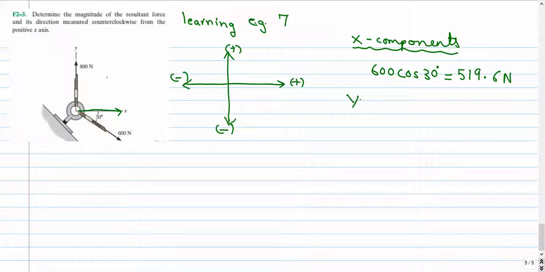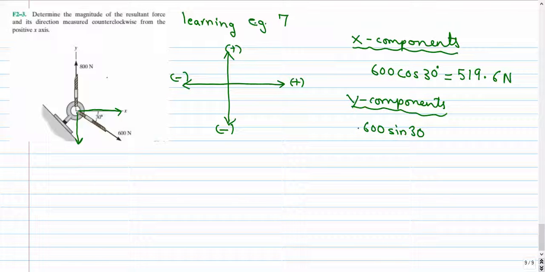Now let's do the y components. The y component for the 600 Newton force is going to be downwards in this direction. So 600 sine of 30 degrees, but we need to also put a negative sign because it's pointing downwards, and according to the sign convention that we have chosen for this question, any force pointing downwards would be negative.